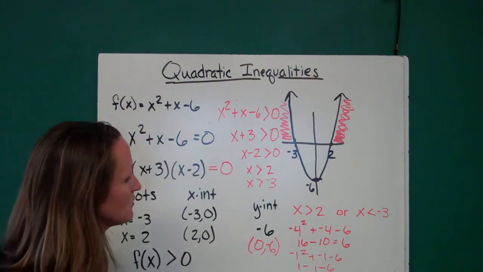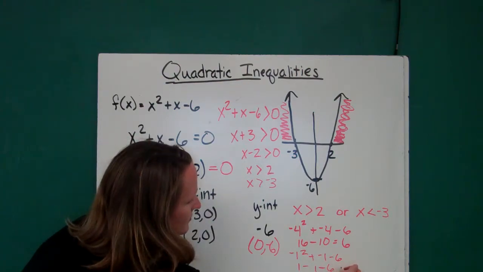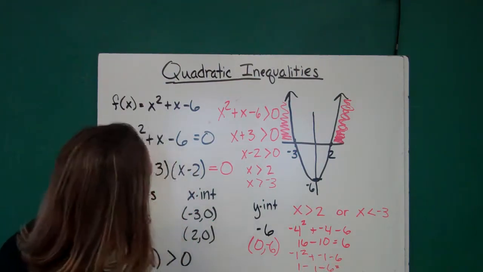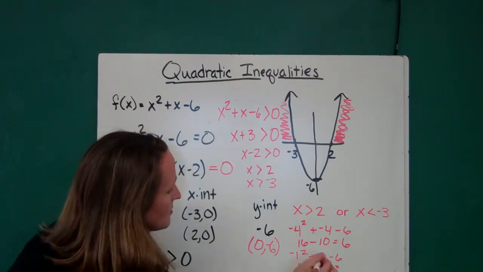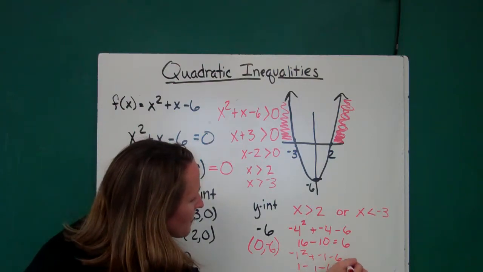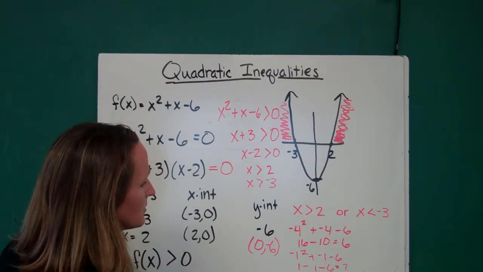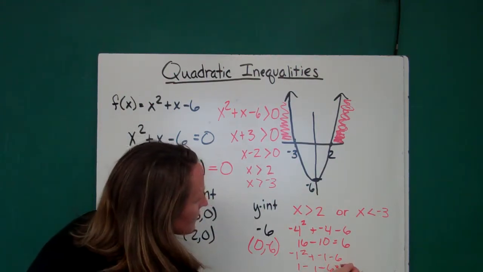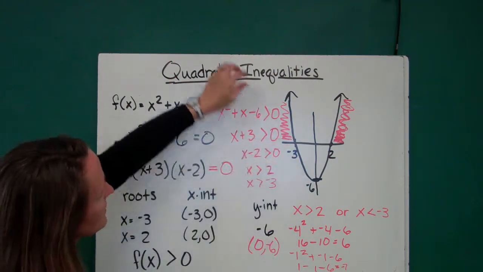Actually, I think that one did work. A minute ago when I tried this, that didn't. Oh, whoops, this should be plus 1. Anyway, if you try them, they should come out. So this is where you want to go.